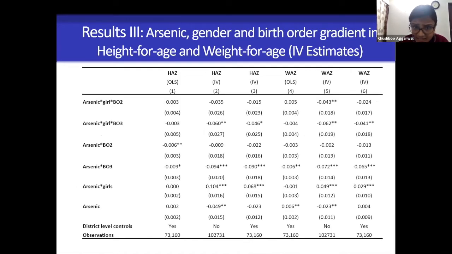Coming to our results, as you can see, when we talk about the OLS estimates for height for age and weight for age, we don't find any effect of arsenic on both of them.